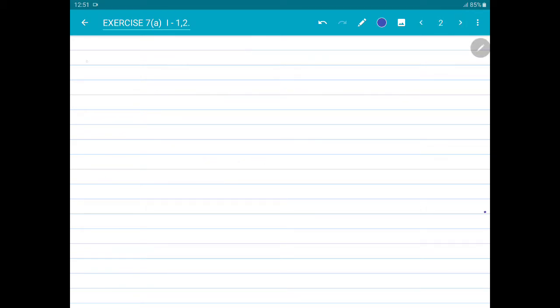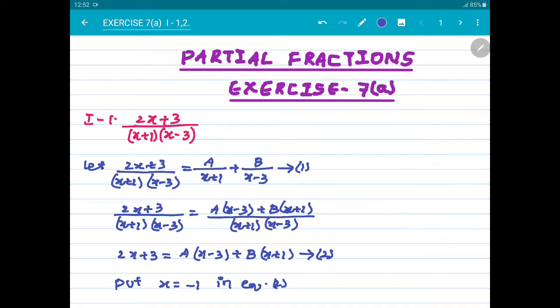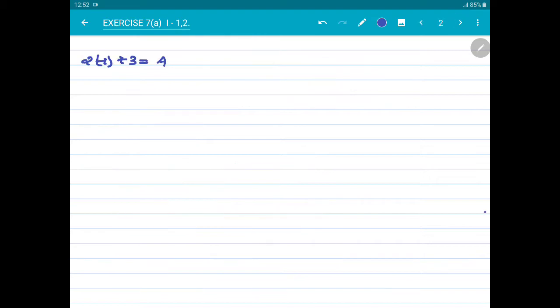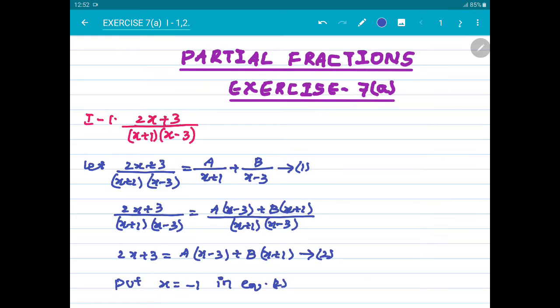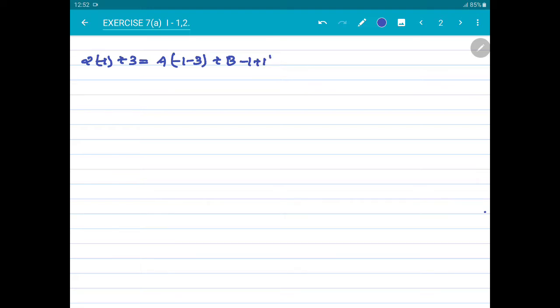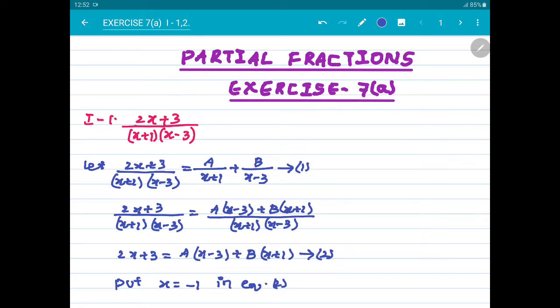Therefore, on the left we have 2 times (-1) + 3, and on the right we have a times (-1 - 3) + b times (-1 + 1). Here we are substituting x = -1 in equation 2.